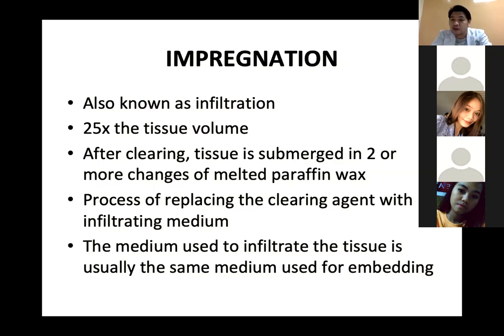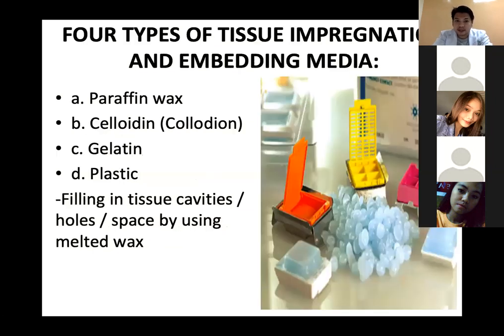In cases of double embedding, which will later be discussed in embedding, a different infiltrating medium and a different embedding medium are used. We have 4 types of tissue impregnation and embedding media. The most common is paraffin, followed by celloidine or collodion, gelatin, and plastic or resin.